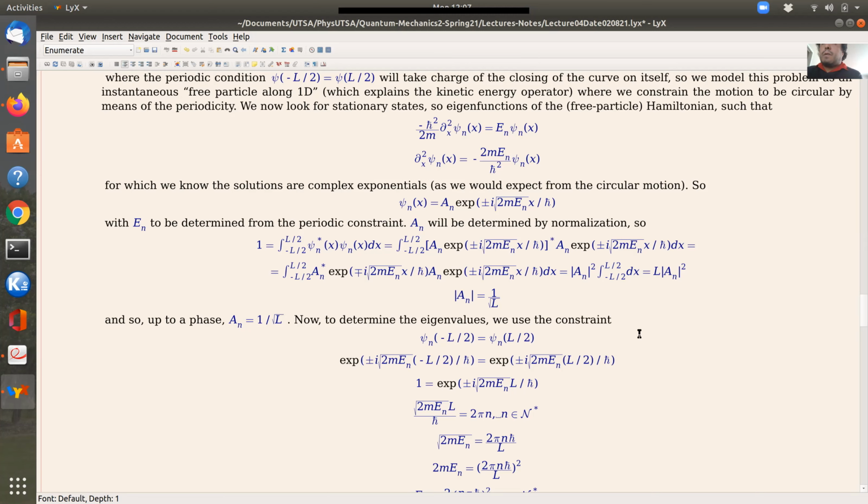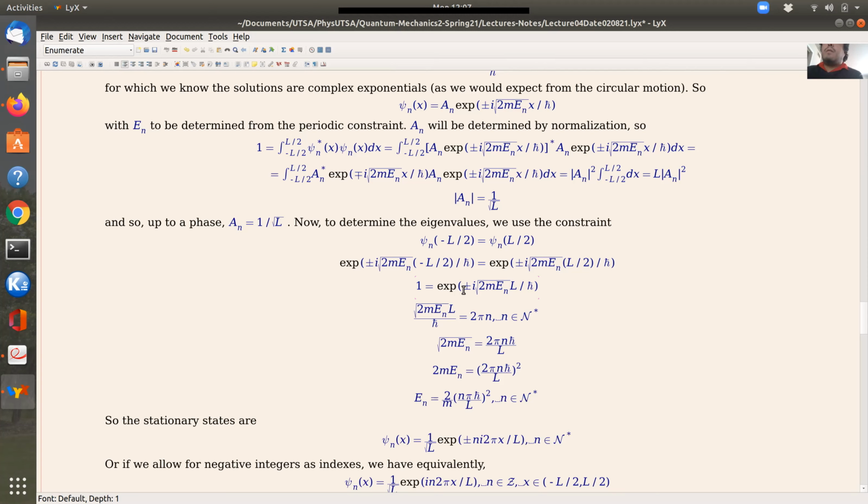You can pass this one to the other side, and then you have 1 equal to e to the plus minus i square root of this, L over h bar. So I combine these two, or I pass this to the other side, and this is why I have 1, and here I have the double.